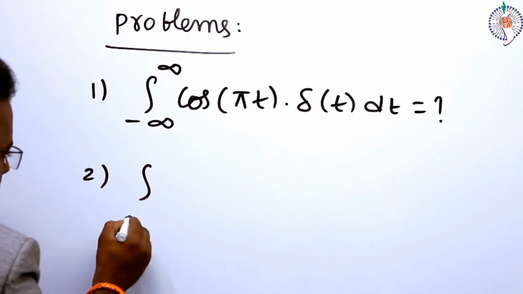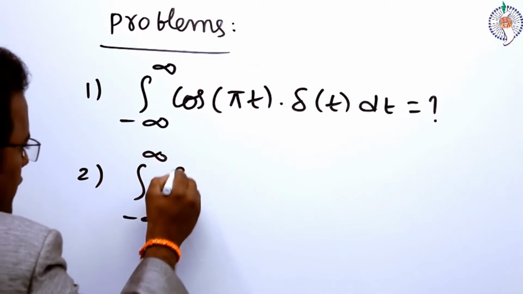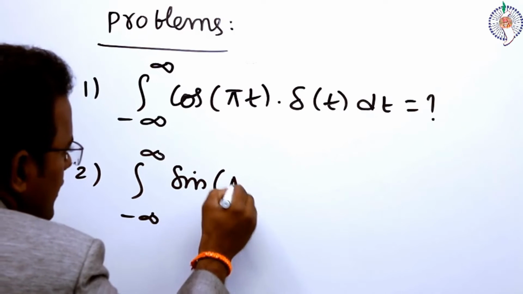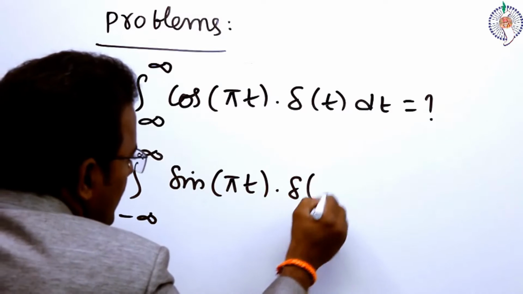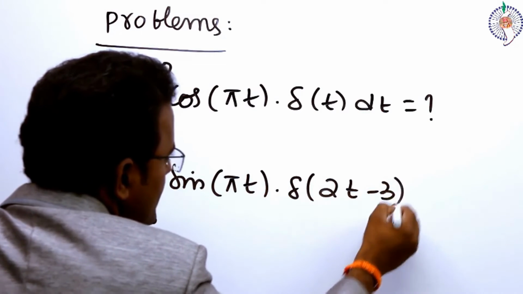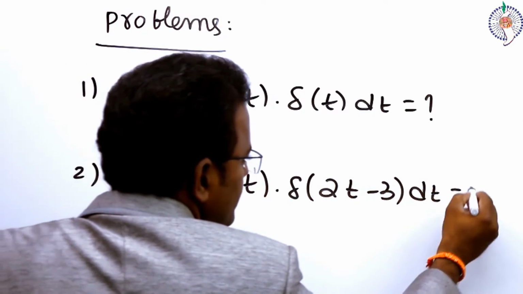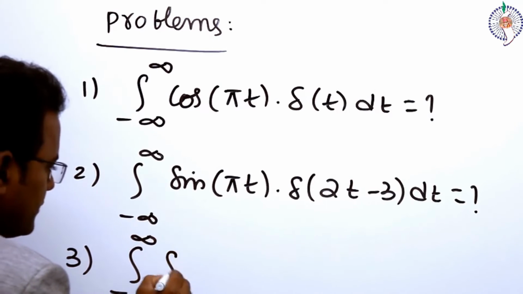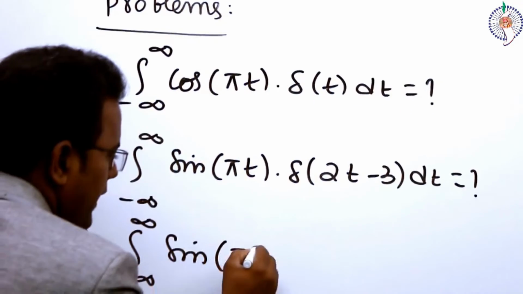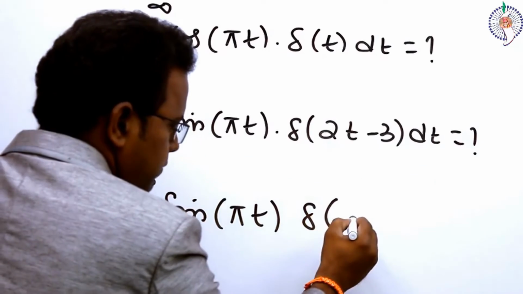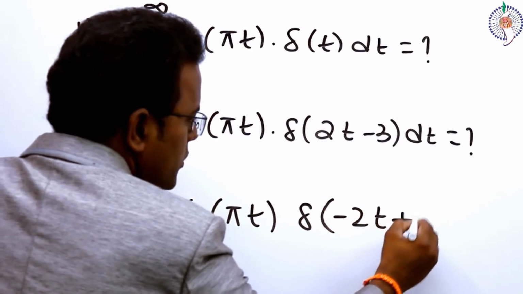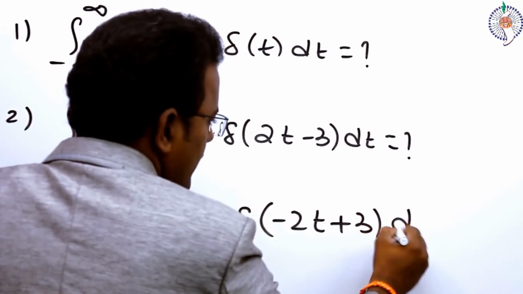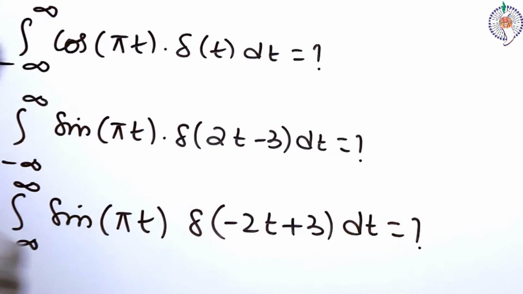Second one, integral minus infinity to plus infinity sin pi t into delta of 2t minus 3 dt. Third one, integral minus infinity to plus infinity sin pi t into delta of minus 2t plus 3 into dt.